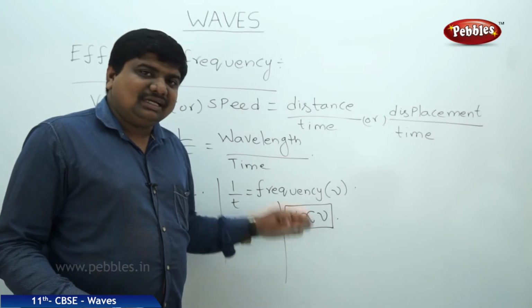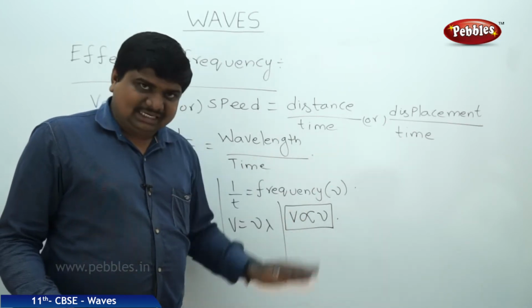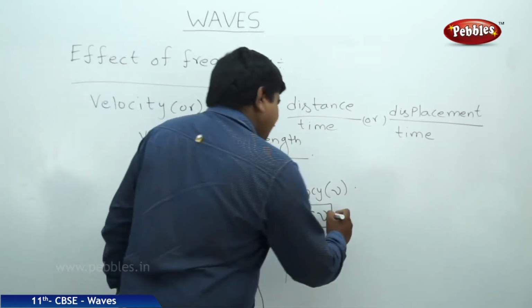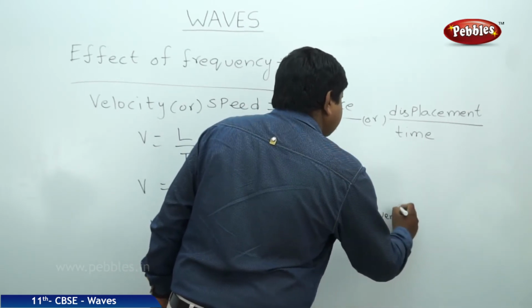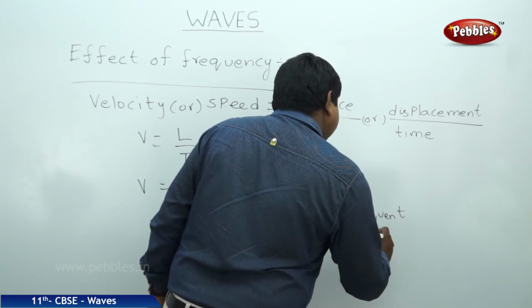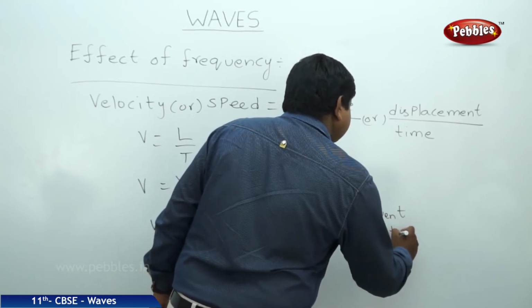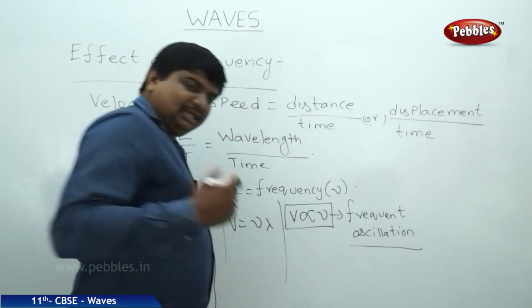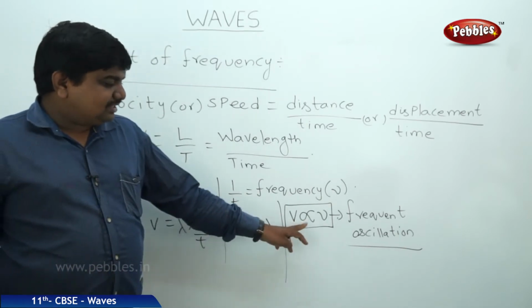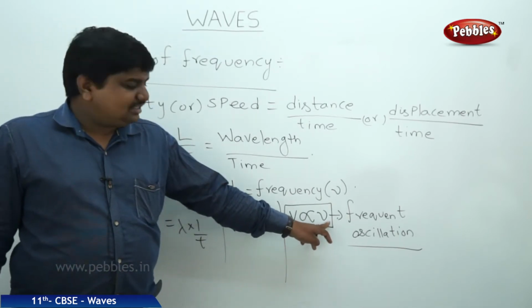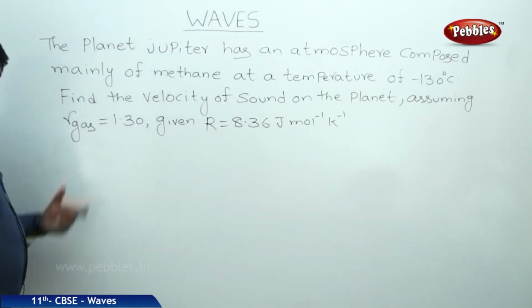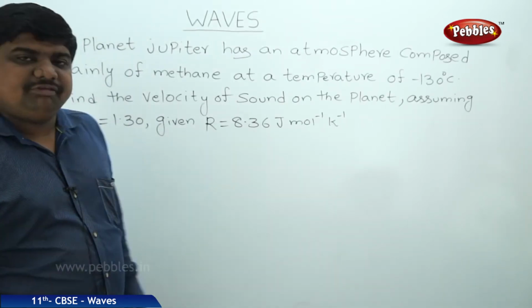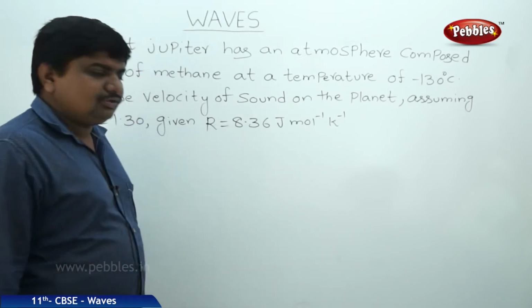That is nothing but the speed of the sound increasing. So this is a frequent oscillation. At normal conditions, the speed of a sound wave is directly proportional to the frequency of the sound wave, or frequent oscillations.